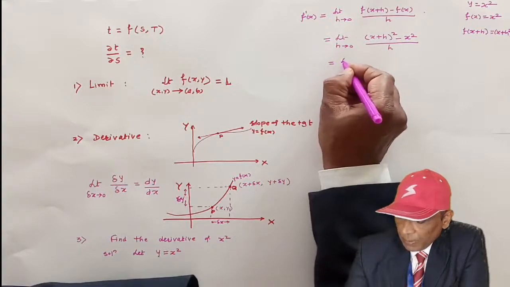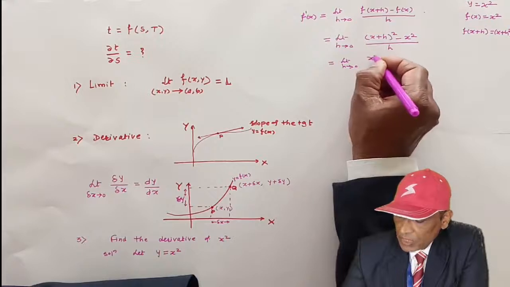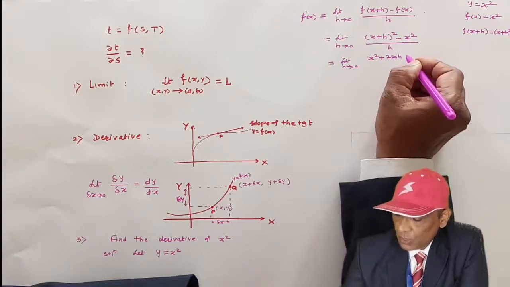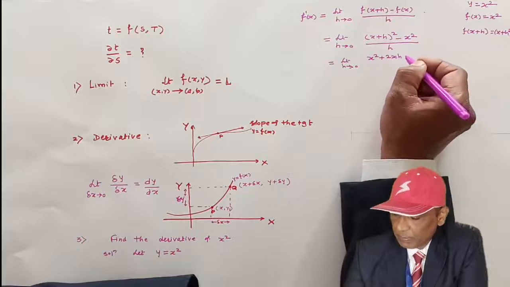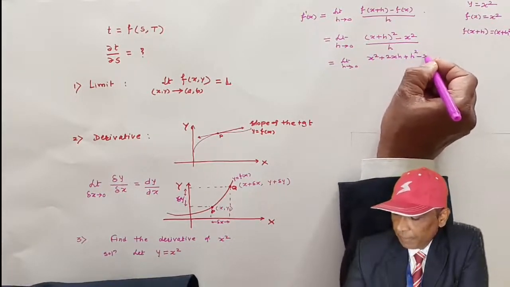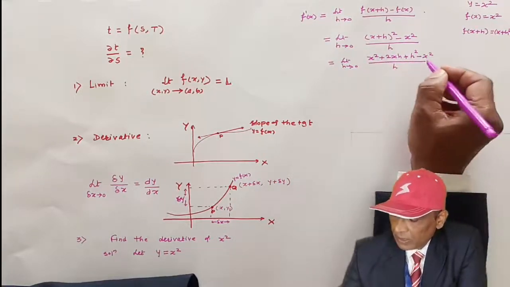Now when you open the brackets, this is x square plus 2xh, using the a plus b whole square formula, a square plus 2ab plus b square, plus h square, minus x square, this divided by h.